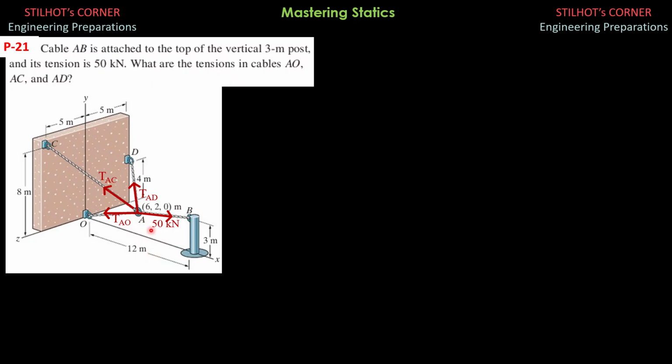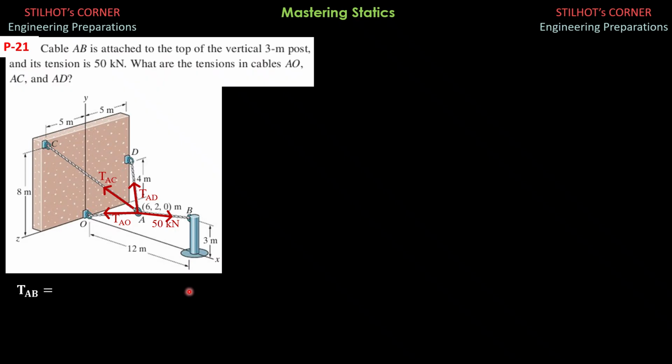Tension AB, the magnitude is 50, then quantity 12 minus 6, 6I, then plus 3 minus 2, so 1J, then 0 minus 0K.